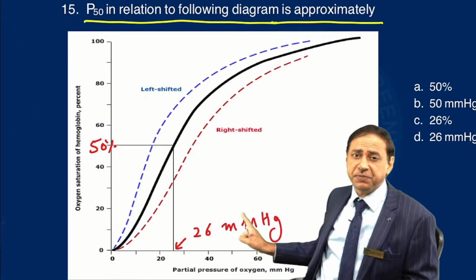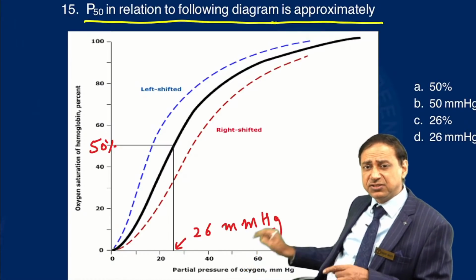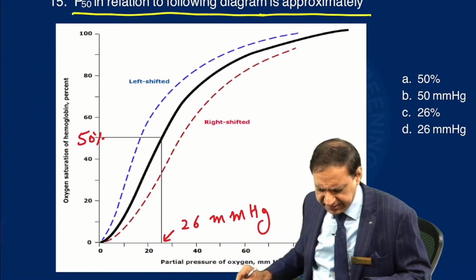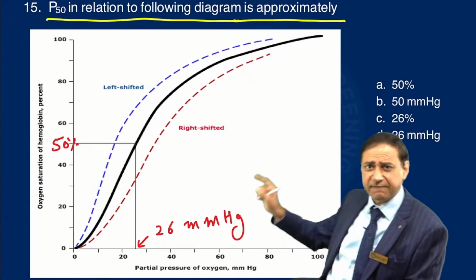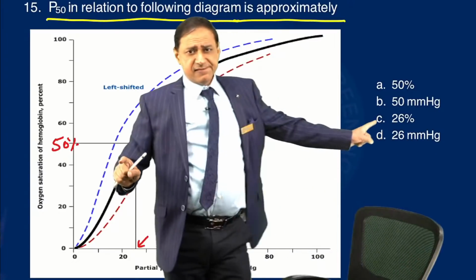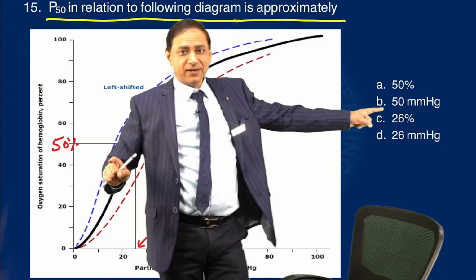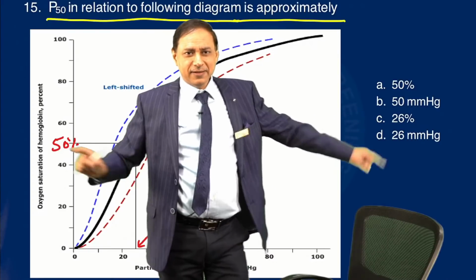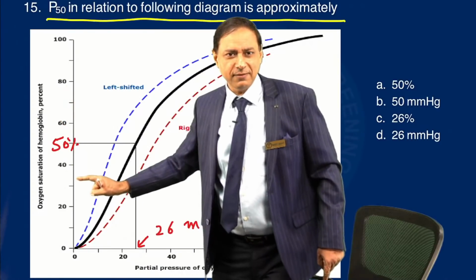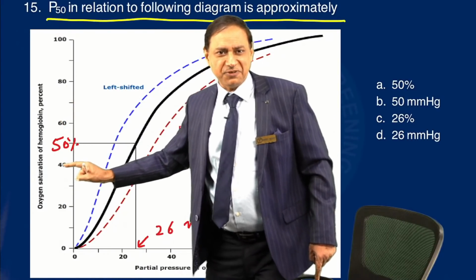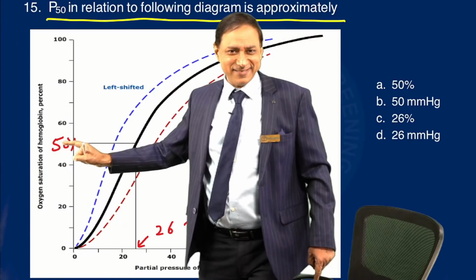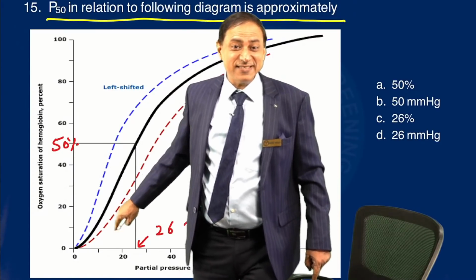So how much is P50? 26 millimeter of mercury. So what is the answer here? 26 millimeter of mercury, not 26%. Here we have percent: 20%, 40%, 50%. And here, what is the unit?